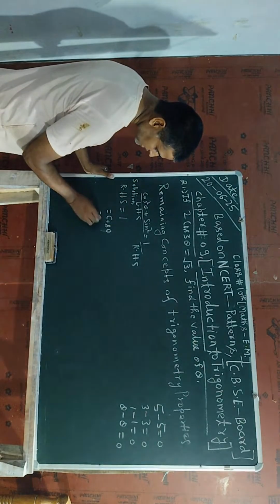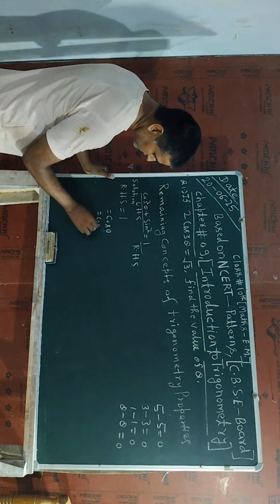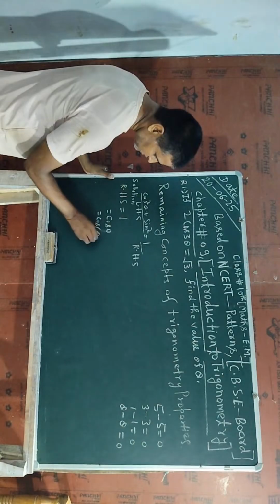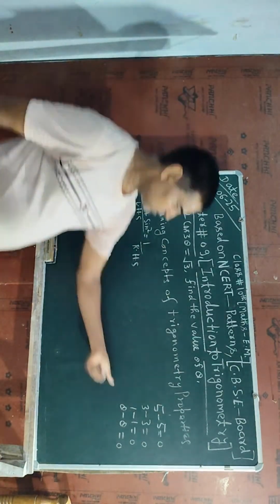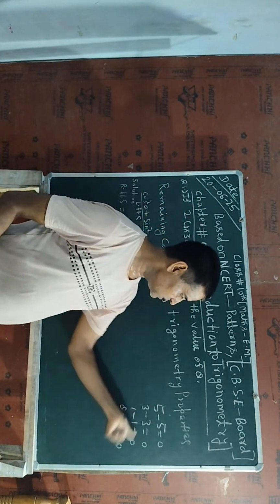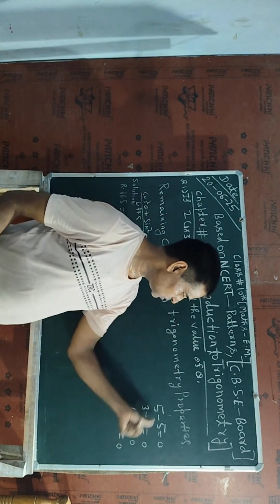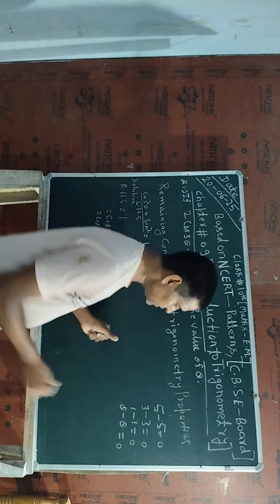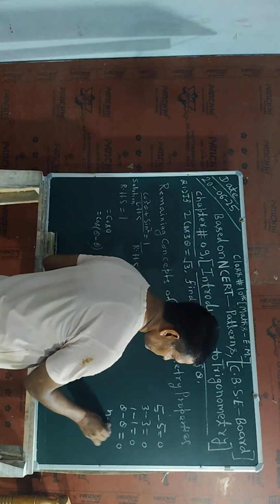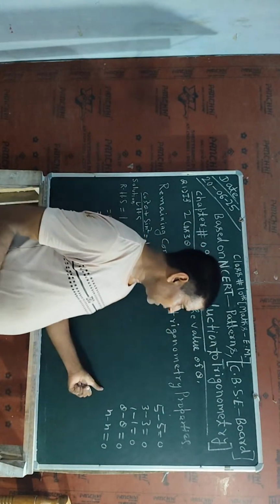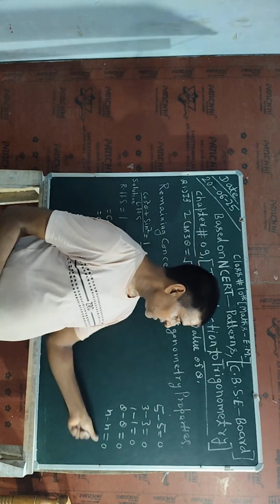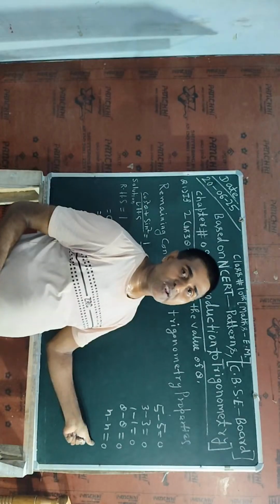It means that in the place of 0 I can write theta minus theta, because theta minus theta is equal to 0, just as 1 minus 1, 3 minus 3, 5 minus 5, and n minus n are equal to 0. Any quantity you take and subtract the same quantity, after subtracting you will get the value 0.